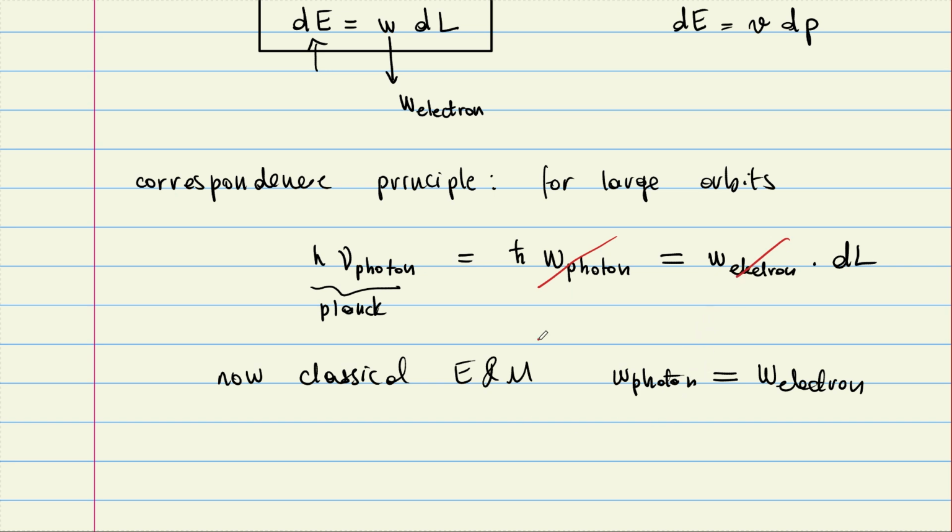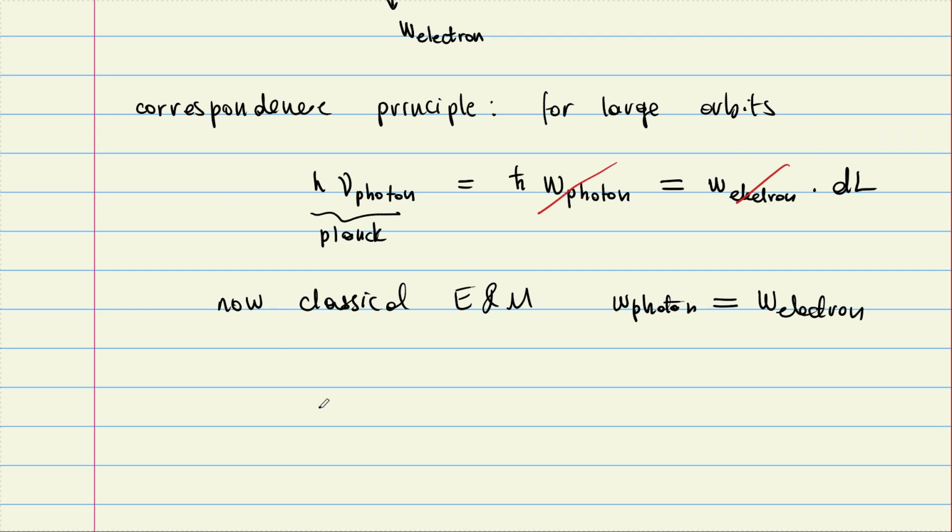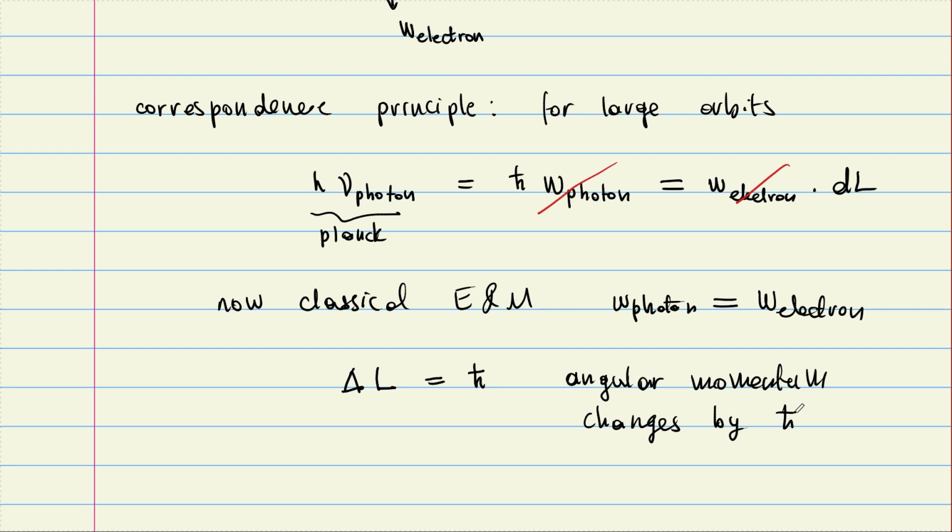From here I reach, let me use from this infinitesimal to finite difference notation, delta L should be equal to h bar. So this means angular momentum changes in a quantized way by Planck's constant divided by 2 pi.